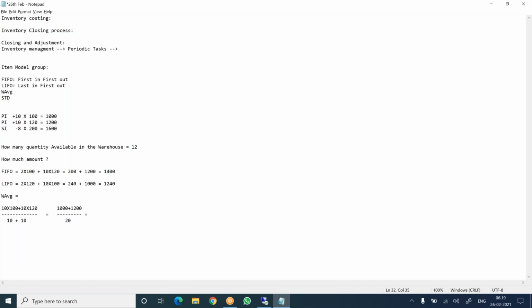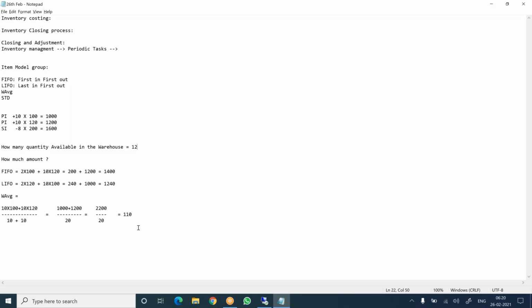Okay, 2200 divided by 20, then it is 110. This is the single piece cost. The single piece cost of the material is 110. So now how many quantity are available?